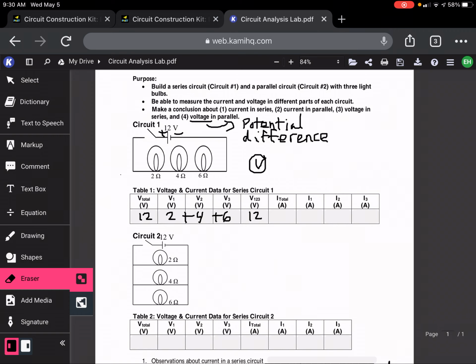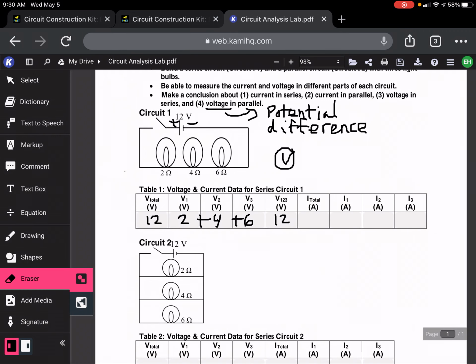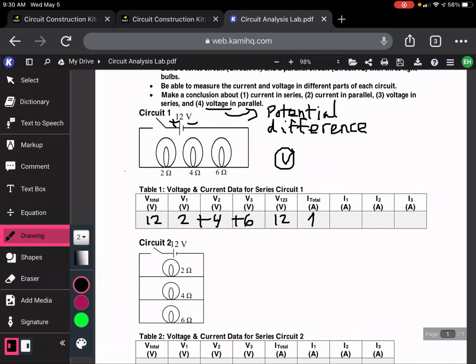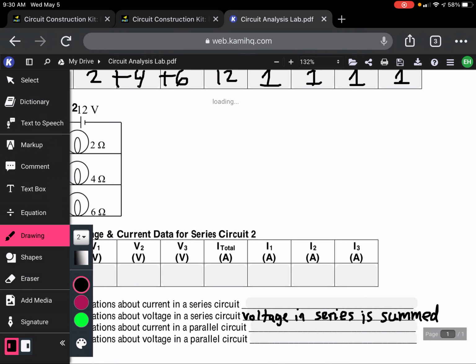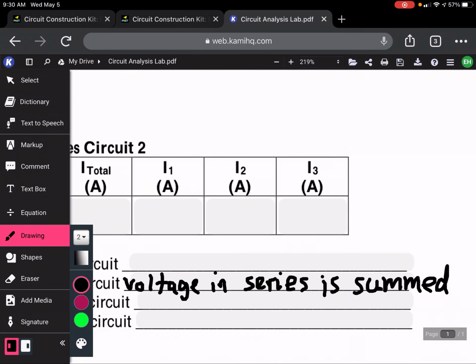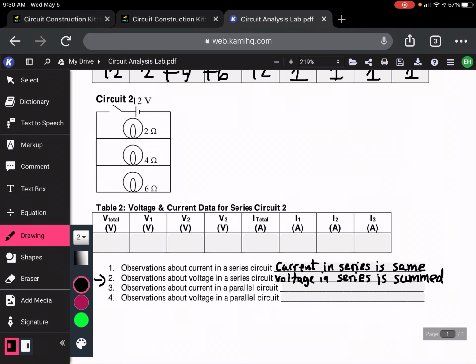So the current in a series circuit is exactly the same. Right? It didn't change.